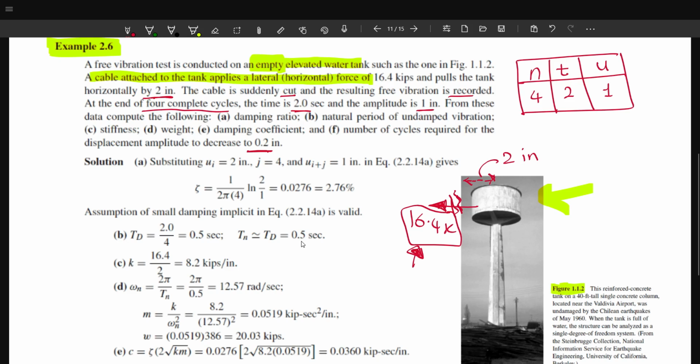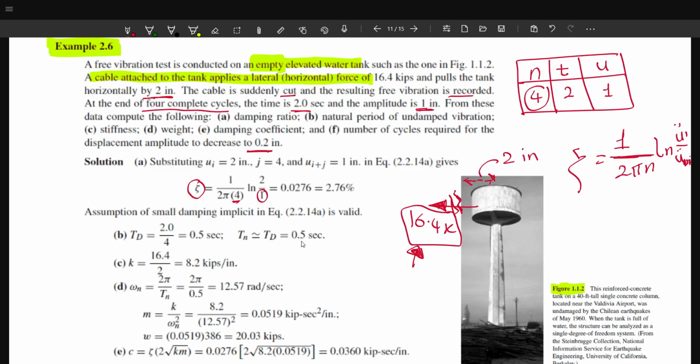If you remember, we said before that our damping ratio equals 1 over 2 pi n times ln u double dot 1 over u double dot 1 plus n. So in our case, damping ratio equals 1 over 2 pi n, where n is the number of cycles, and we already have it here, ln the value of the amplitude over the value of the amplitude after n cycles.